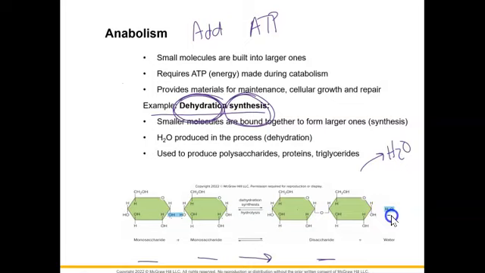And so that is a dehydration reaction. All right, so again, make sure you know that these types of dehydration synthesis reactions are used in anabolic pathways or in anabolic reactions in order to build, to make something bigger.